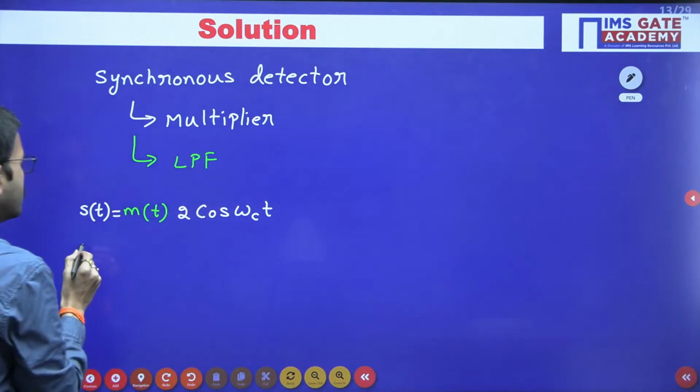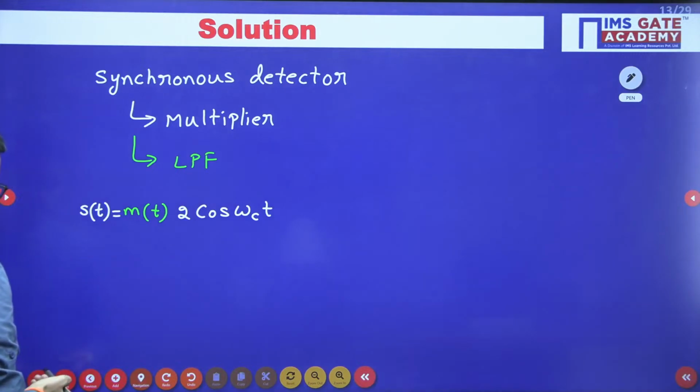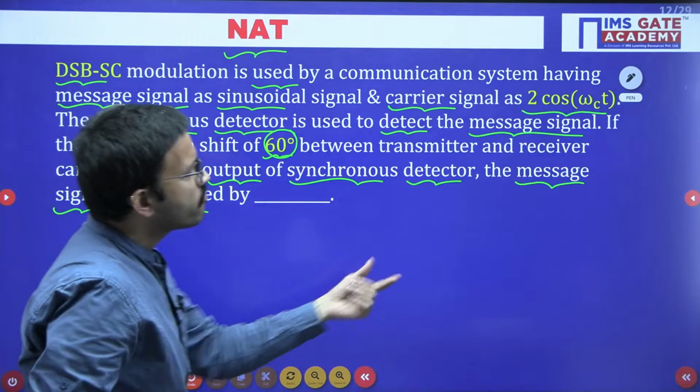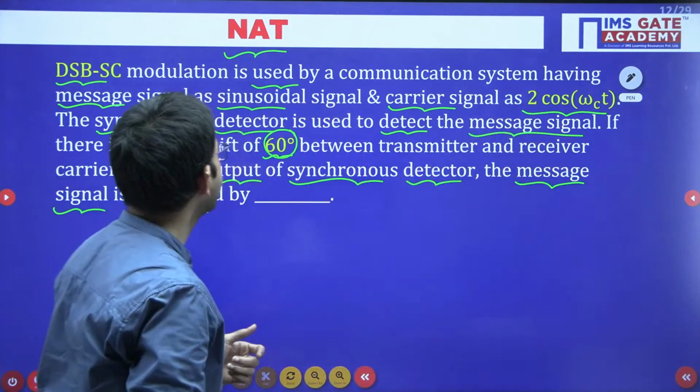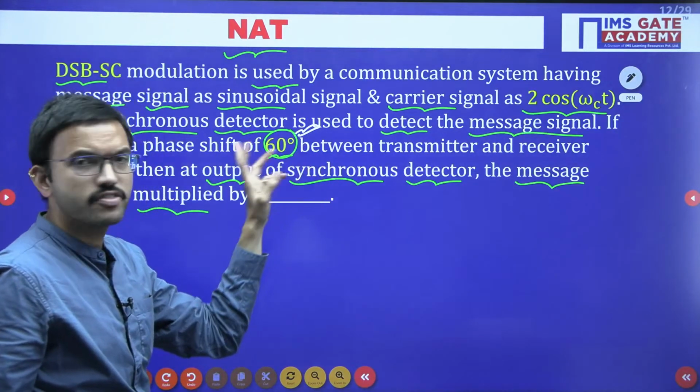The other input is the locally generated carrier signal. It is the same carrier signal, but with a phase shift of 60 degrees.